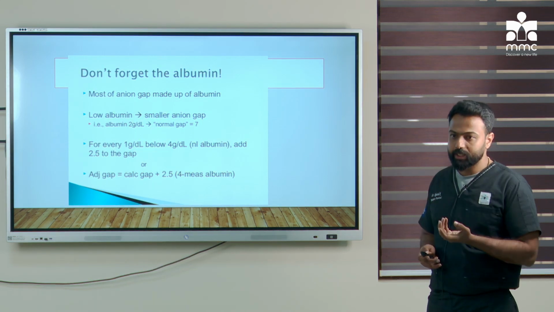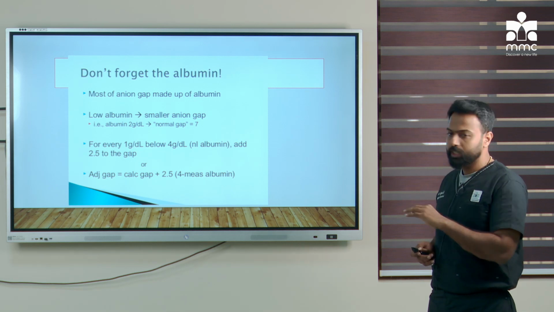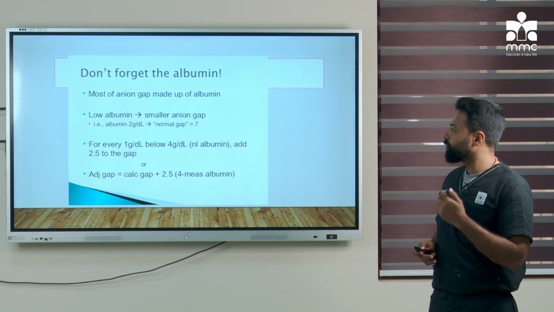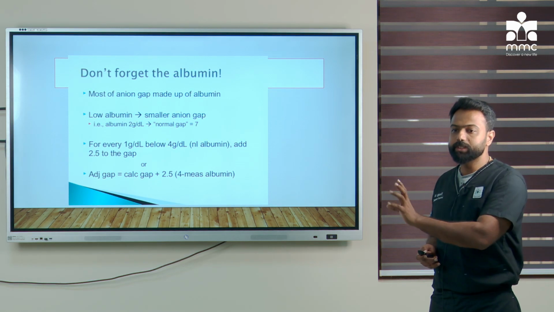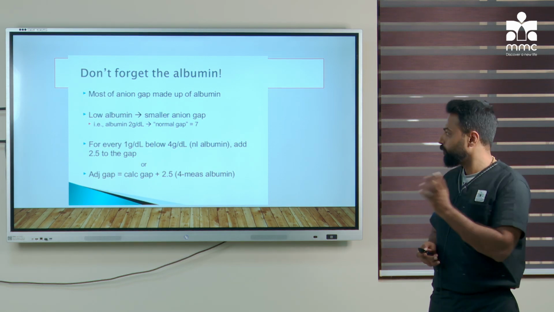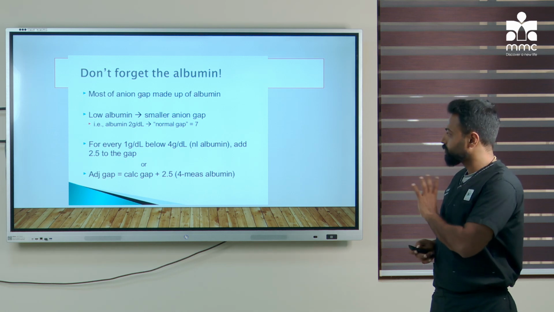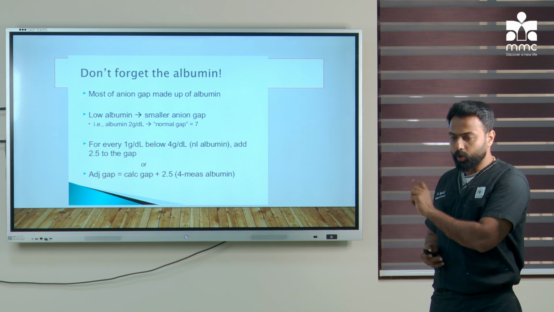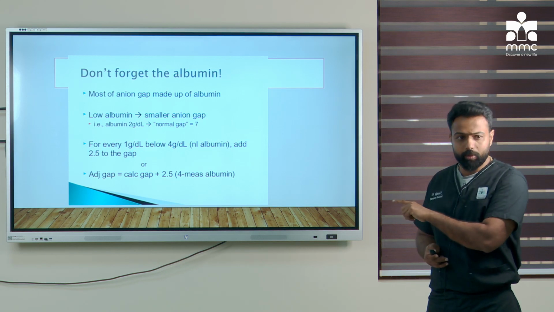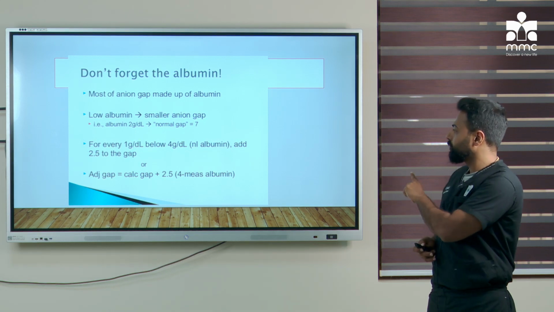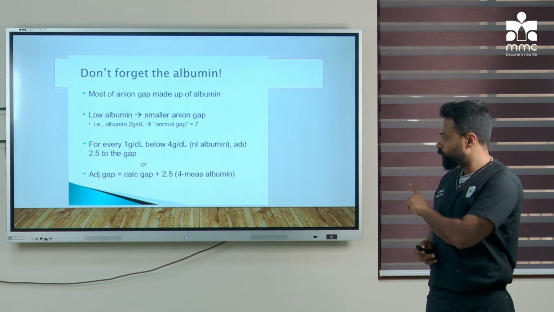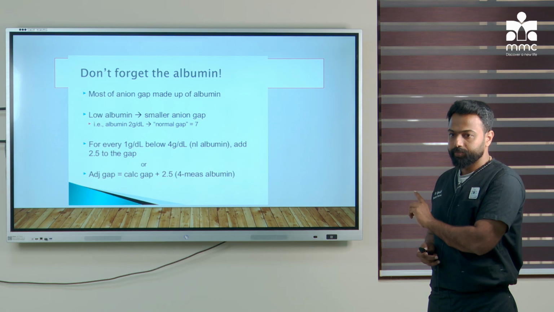One of the things is albumin. If albumin decreases, the anion gap decreases. So if somebody has an albumin of 2, their normal anion gap is 7. So how do you calculate the anion gap? You have to use this formula. The normal albumin value is considered to be 4, and the patient has albumin of 2, so 4 minus 2 is 2, into 2.5, which is 5, right?